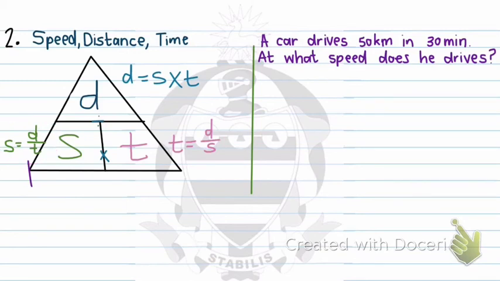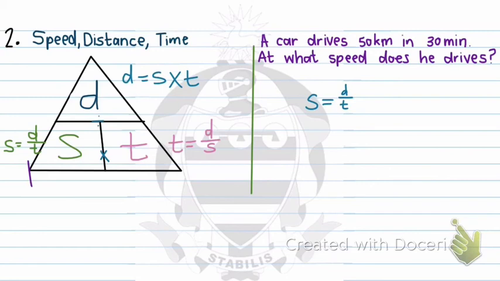But here is something that you must remember. When I work with distance, speed, and time, the distance must always be in kilometers, the speed in kilometers per hour, and the time in hours.